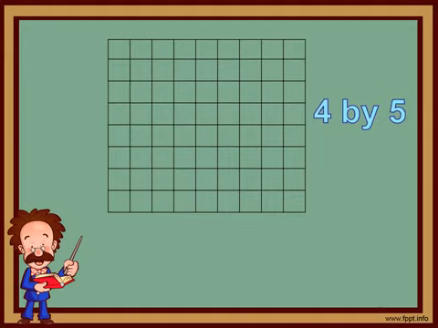Okay? Now, what's next? Now, here he wants me to shade 4 by 5. So it's 4 rows and 5 columns. Let's shade 4, 1, 2, 3, 4, and we're going to do it 5 times.